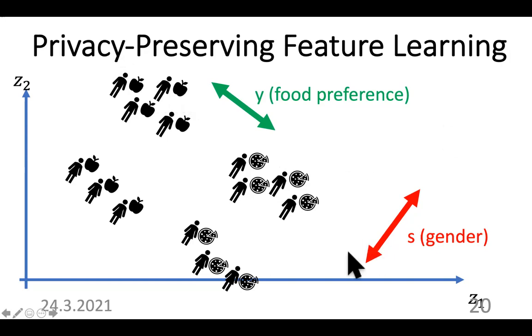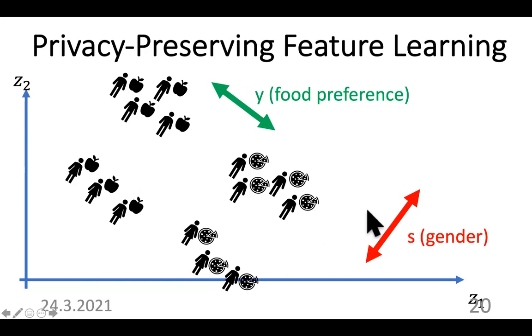But then on the other hand, we would like to avoid using any sensitive information like the gender of the person. And there are feature learning methods which do exactly this. So they find out what kind of insensitive information about a person, like the height or the weight, allows us to predict the label, but does not allow us to predict the gender.